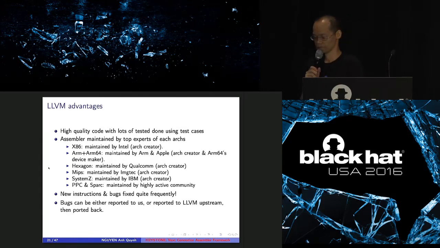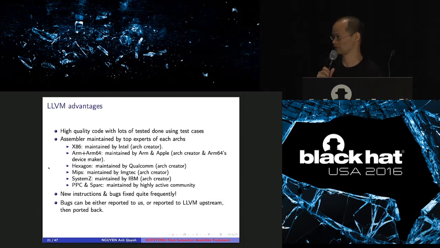Forking LLVM to build Keystone has many advantages. First one, code quality is very good. LLVM is a very nice project done by professional developers. Assemblers inside LLVM are maintained and developed by top experts from each architecture. Like x86 maintained by Intel, ARM64 maintained by ARM and Apple, Hexagon maintained by Qualcomm, MIPS maintained by Imagination Technologies, SystemZ maintained by IBM.